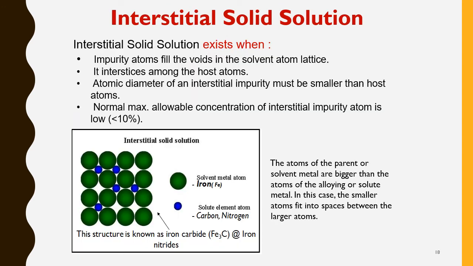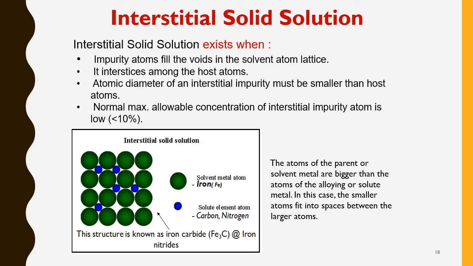So what happens if all four rules are not complied with? Then we call it no solid solution. Let us move to another type of solid solution, which is interstitial solid solution. Interstitial solid solution can only exist when an impurity atom fills the void in the solvent atom lattice.